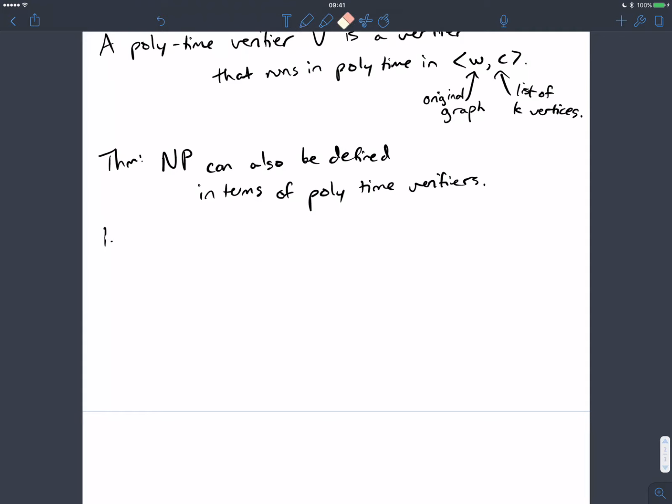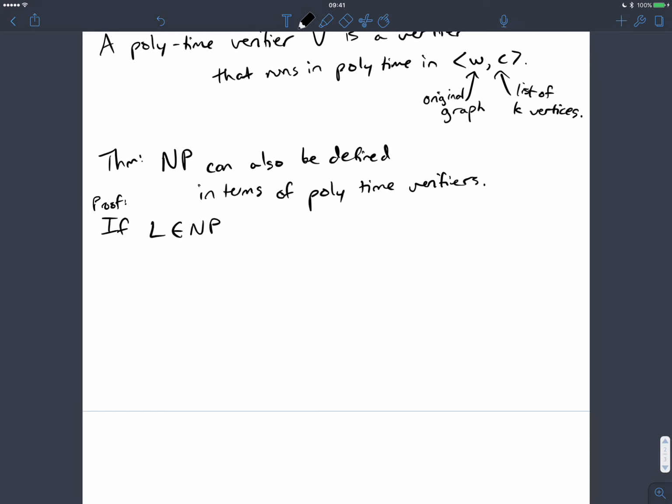So the way we're going to prove this is in two directions. So I should put proof here. If L is an NP problem, then let's say that it has a polynomial time verifier.